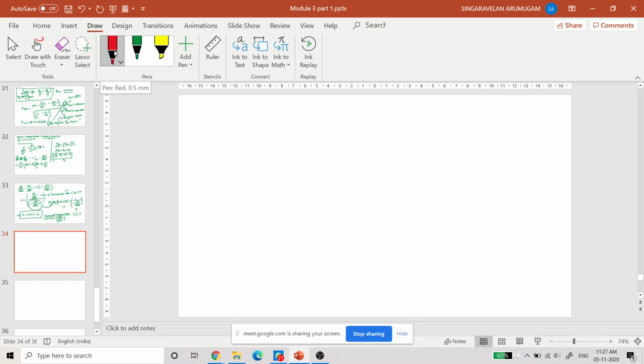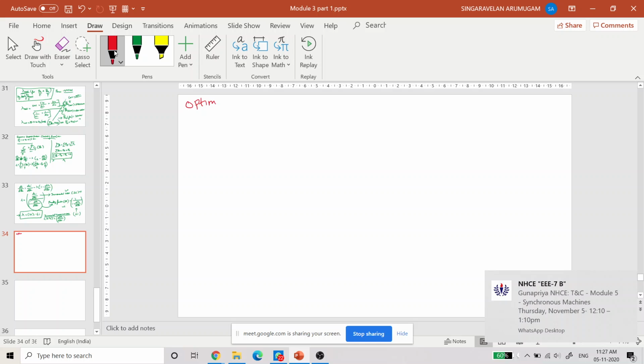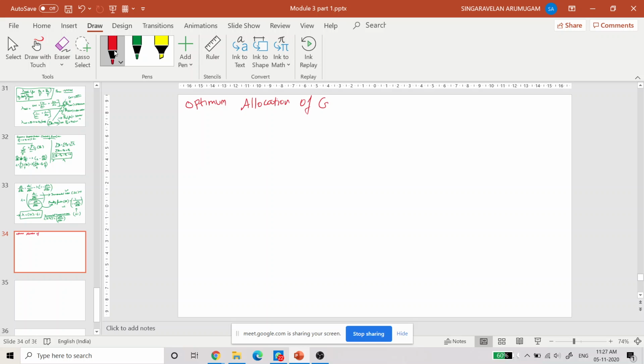Now I need to allocate the generator in such a way that it includes the losses, by considering the Bij coefficient. I will tell what this Bij is, don't worry.